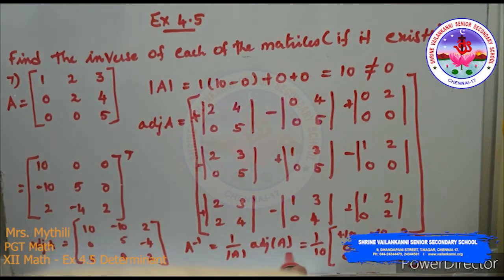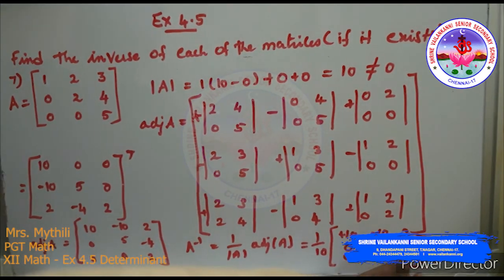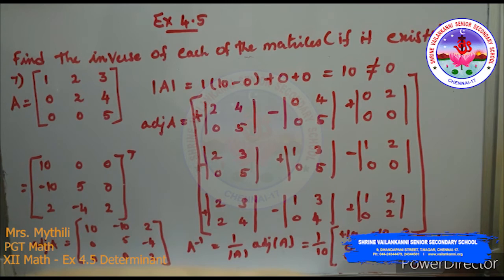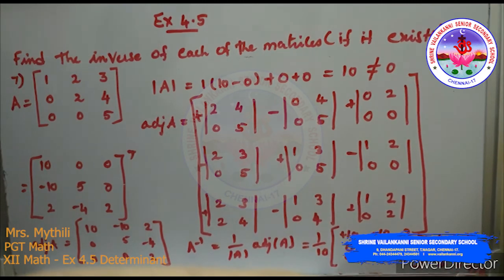When we divide this 10 inside the matrix, then we get 1, 0, 0, minus 1, 1 by 2, 0, 1 by 5, minus 2 by 5, 1 by 5.